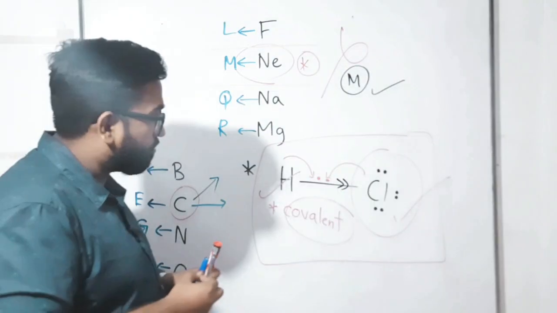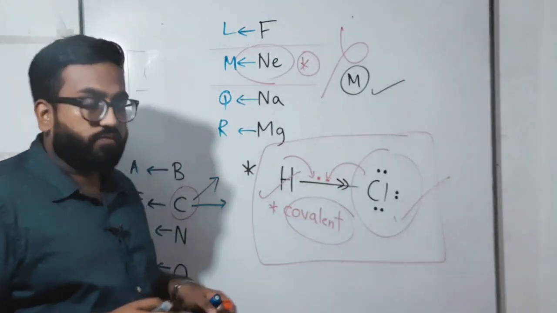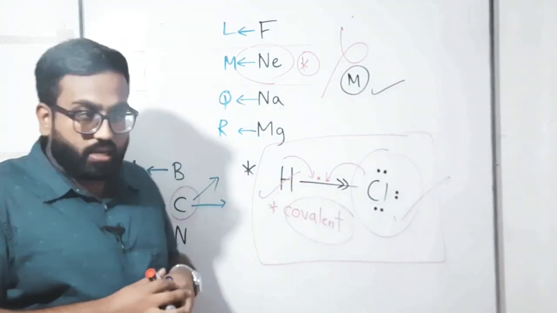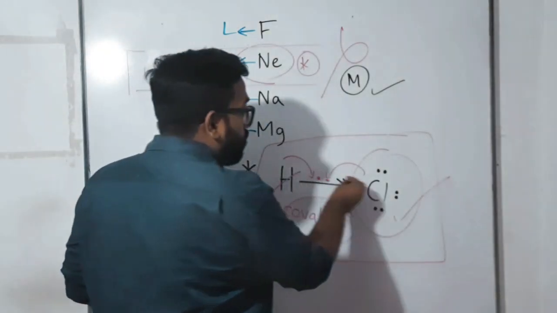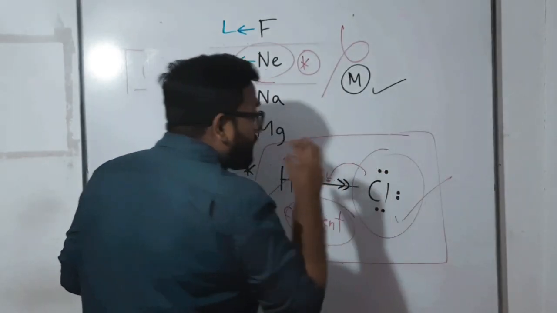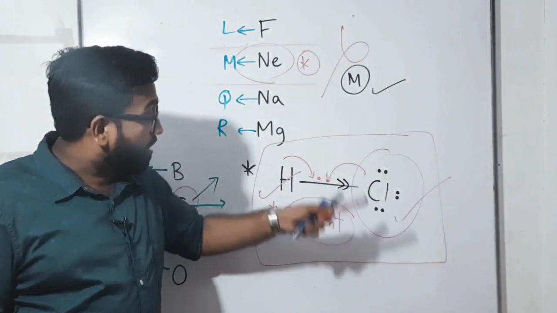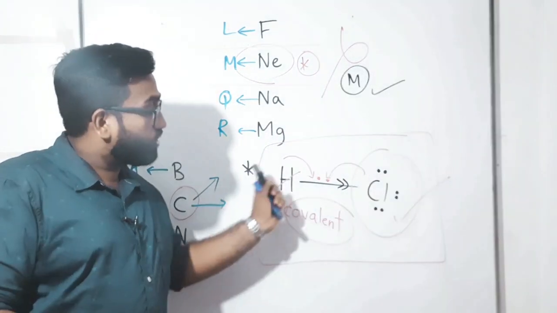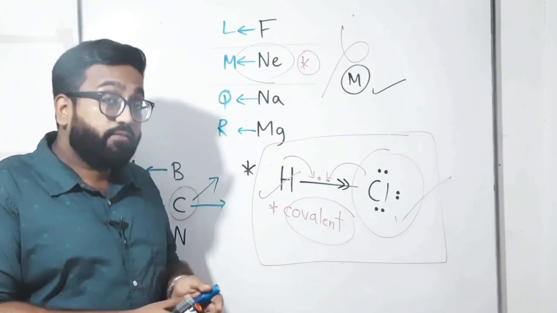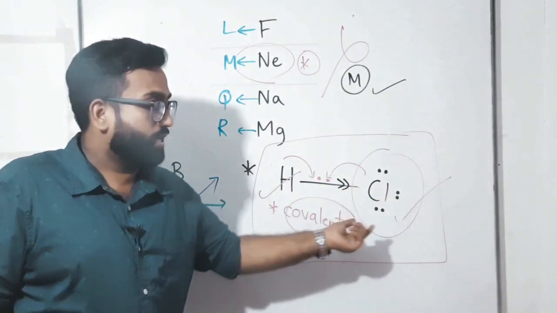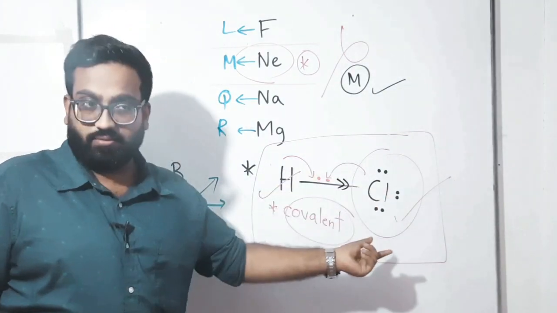Now here 2 electrons are in the middle. That's why we put a line here to show a bond. So children, these 2 electrons are not only with chlorine, right? One is from hydrogen. One came from hydrogen, only one came from chlorine. That's how they have shared their electrons with each other. Then we can tell both electrons belong to both, right?